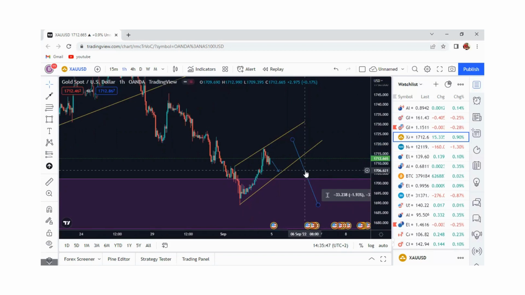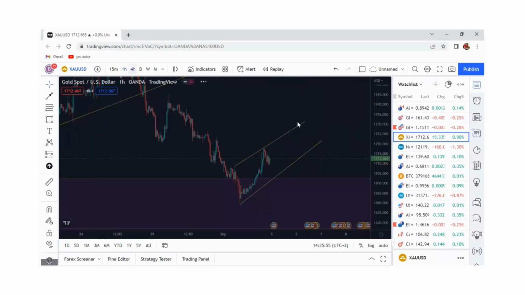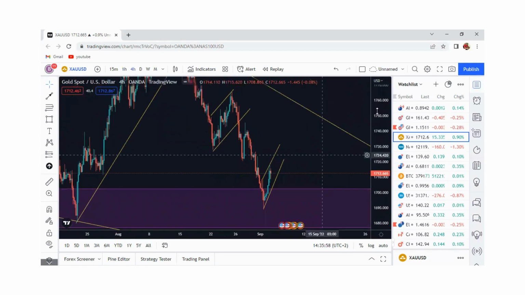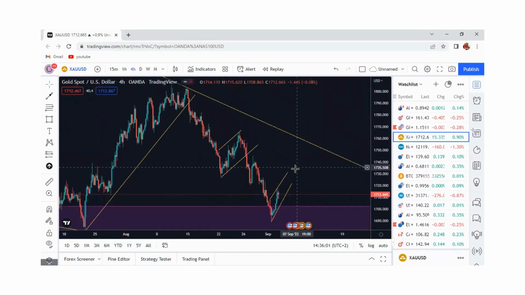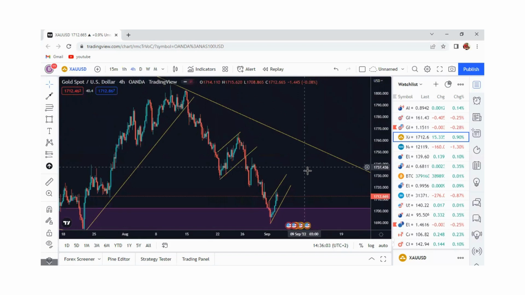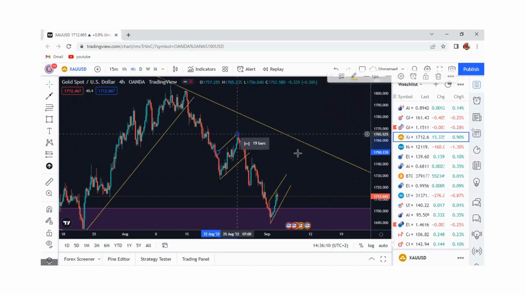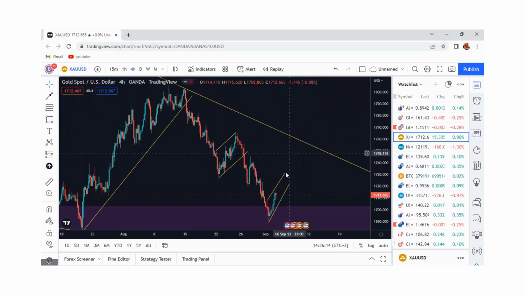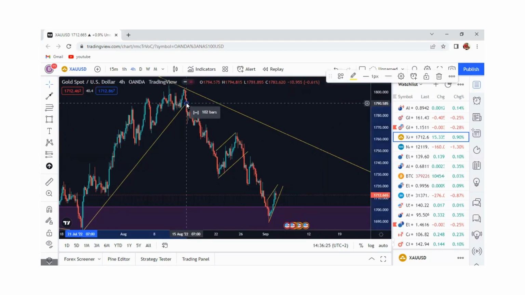Unless it doesn't move that way, then that's when I'll reanalyze it and see where I went wrong and then get an opportunity maybe for a buy entry. But for now, I'm looking for sell entry. If it moves in this manner, then that's when I'll look for a buy opportunity.